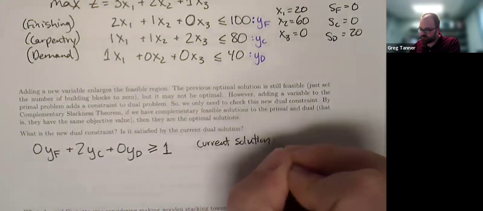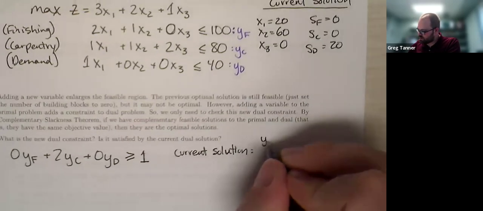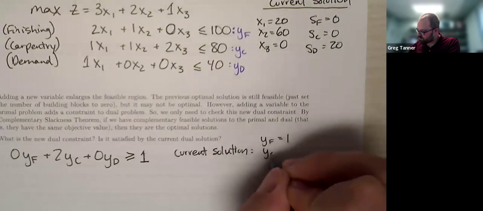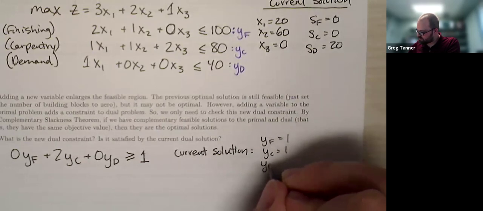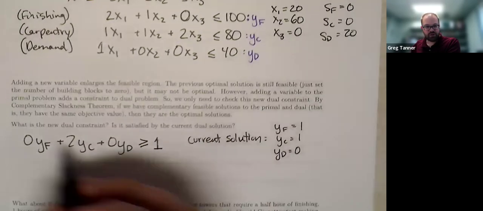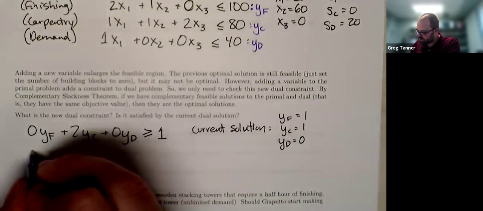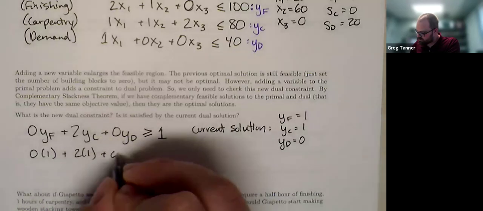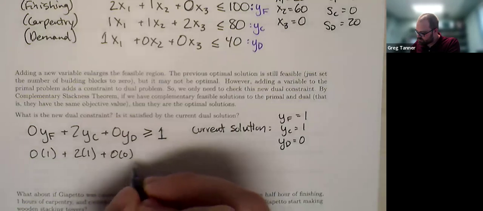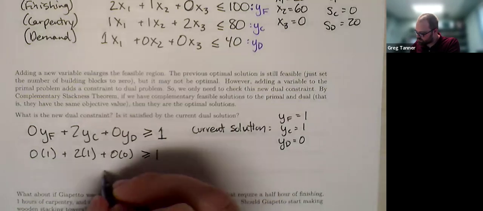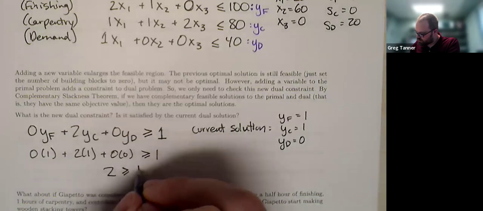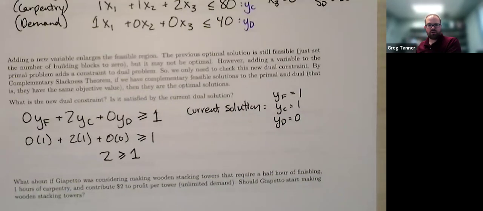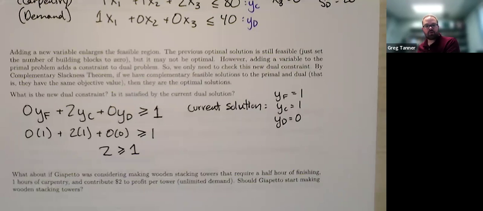So our current dual solution is yf equals 1, yc equals 1, and yd equals 0. And we can plug those in here, and that will give us 0 times 1 plus 2 times 1 plus 0 times 0. And that should be greater than or equal to 1. And so that's 2 is greater than or equal to 1. Okay, and so we're currently dual feasible, which means that we're primal optimal.